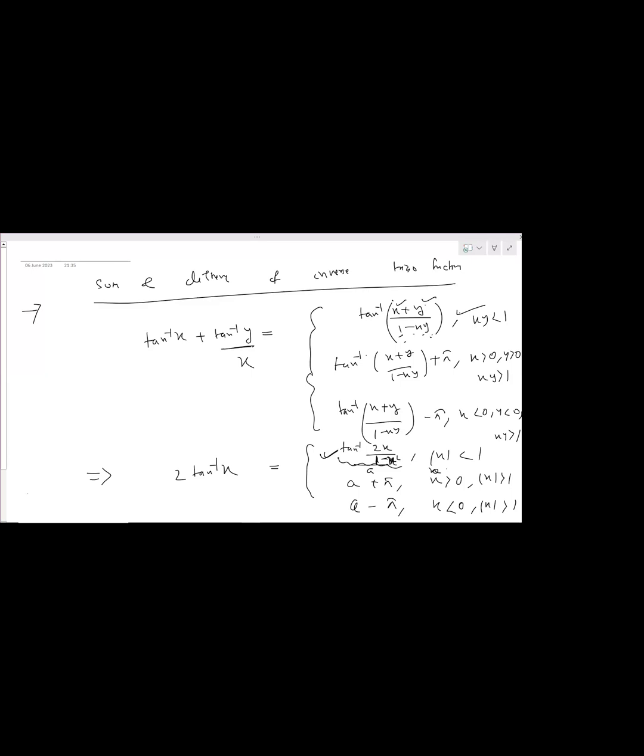Tell me when you have written this. This formula is extremely important.